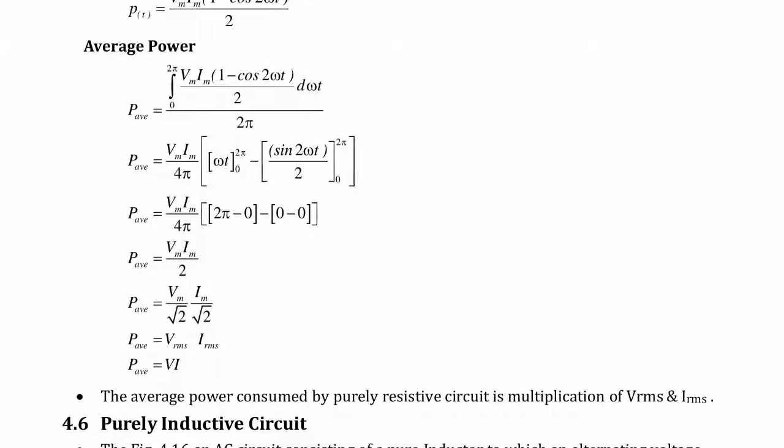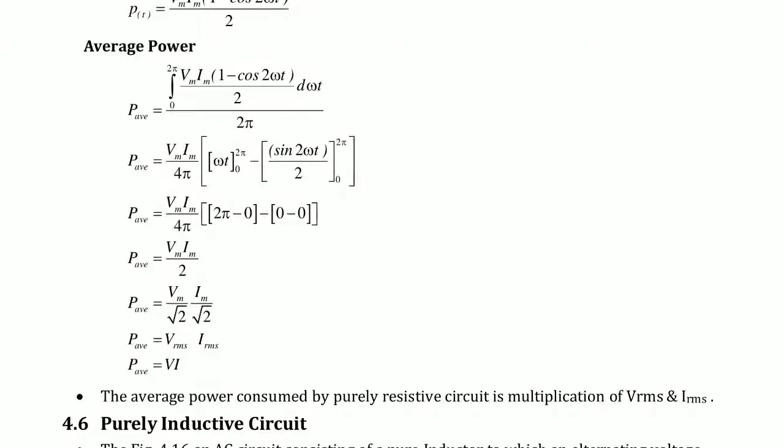So P average is equal to Vrms times Irms, or P average is half of the maximum power, Vm Im by 2.